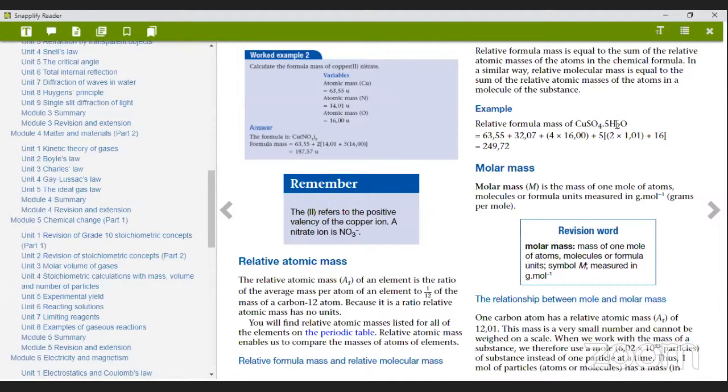So you need the periodic table for this, because this information can be found on the periodic table, the relative molar masses of each component, because Cu, for example, is 63.55.